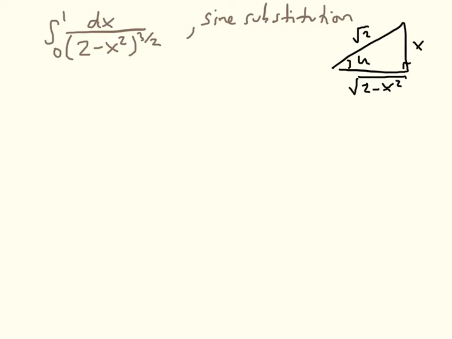So what we're now going to say is that the sine of u is x divided by the square root of 2.